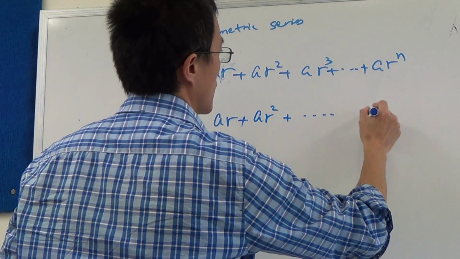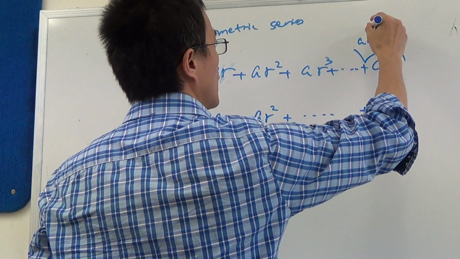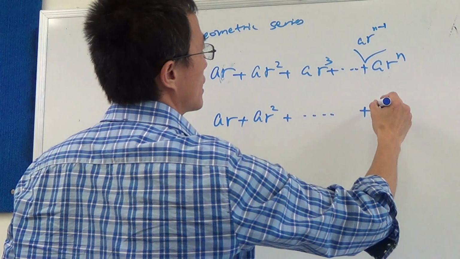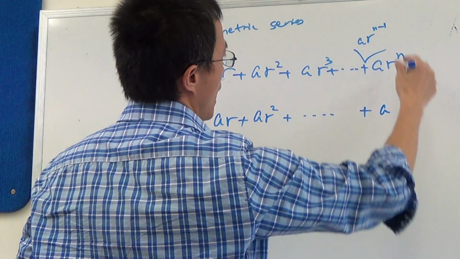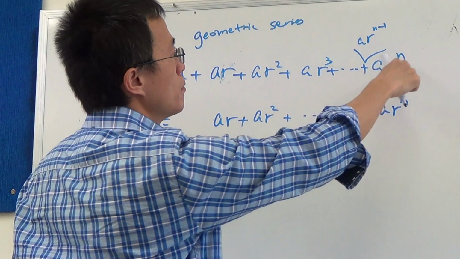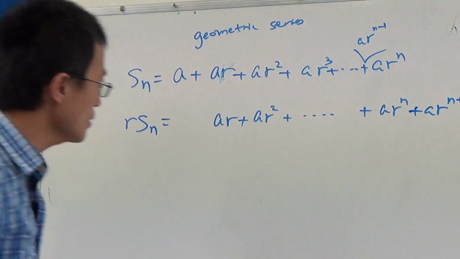So on and so forth. Then there's a term AR to the power n minus 1; multiplied by R, I get AR to the power n. Then the last term, AR to the power n multiplied by R, I get AR to the power n plus 1.